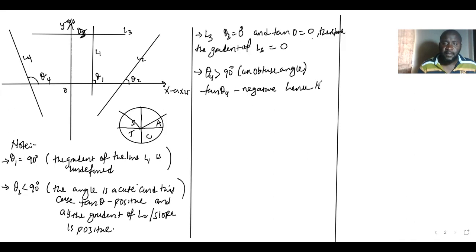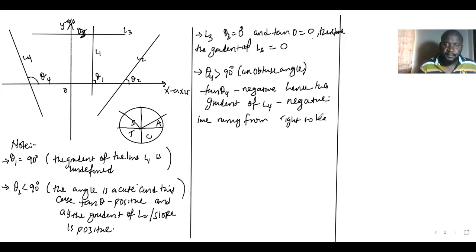Hence, the gradient of line 4 will also be negative. So that is why lines running from right to left have negative gradients.